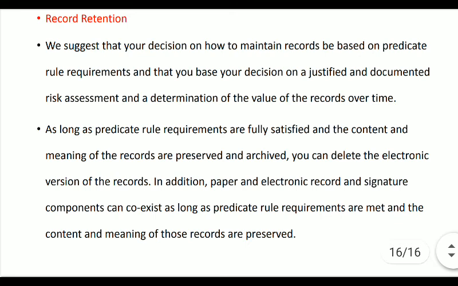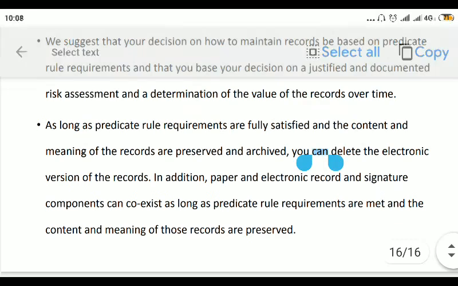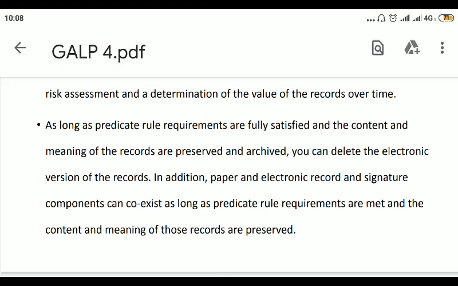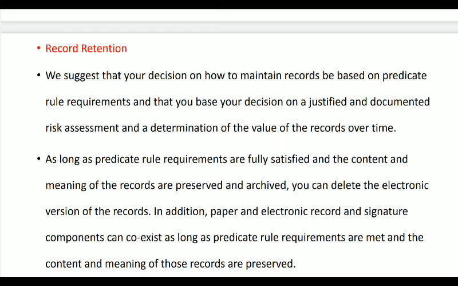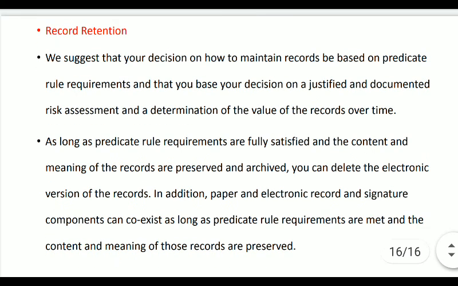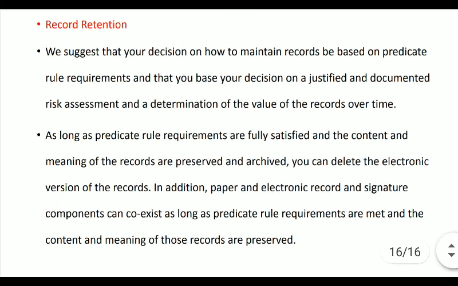So here the agency is giving some kind of free hand to us that we can take decision independently by what means we want to record or retain our record, but the only condition is that whichever method we are selecting, it should be reliable and the data or the record which we are storing or retaining should be reproducible at the time of inspection.